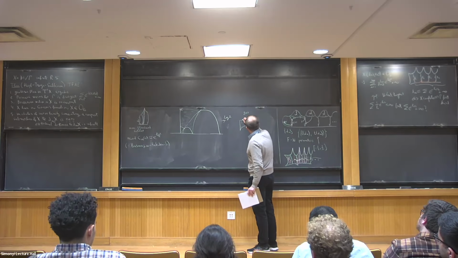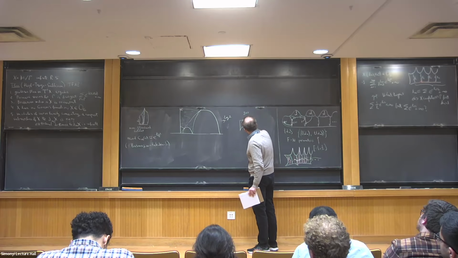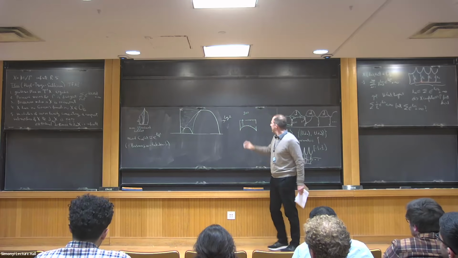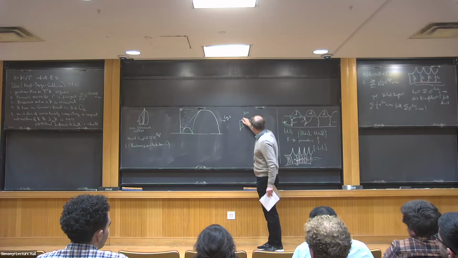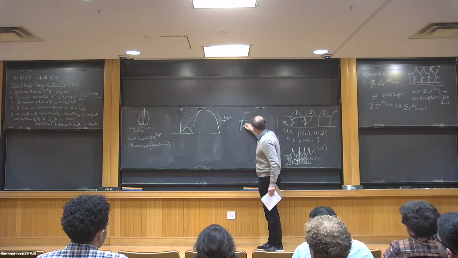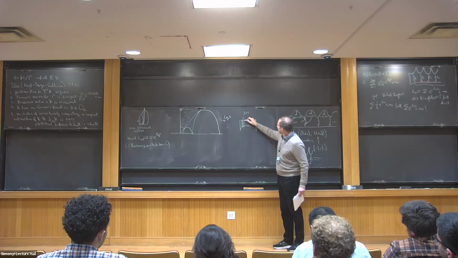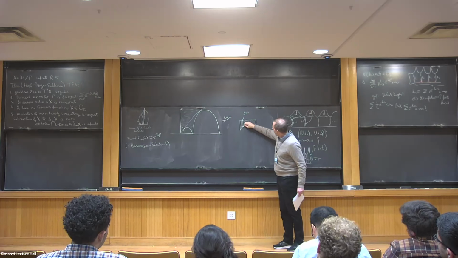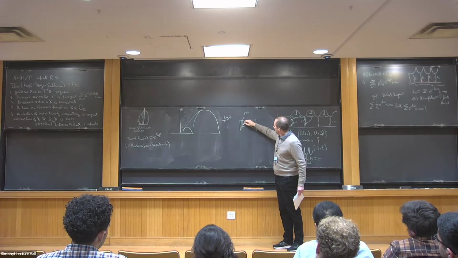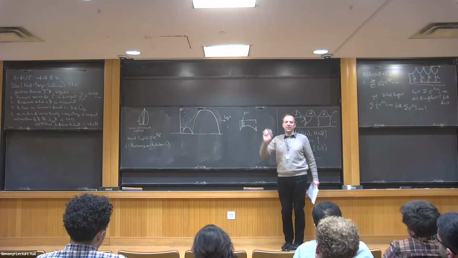And everywhere on this line, if this is x, you draw a rectangle of width delta, and everywhere on this line, including the one below, you make the metric to be the Euclidean metric times 1 over the height of the rectangle.